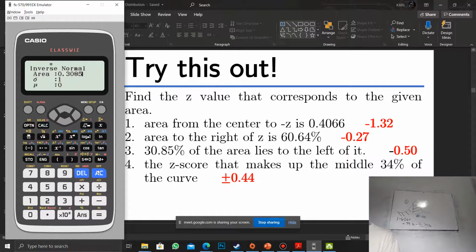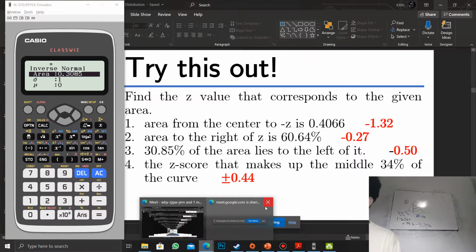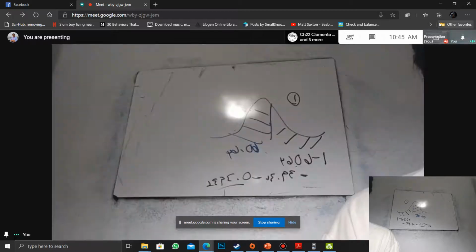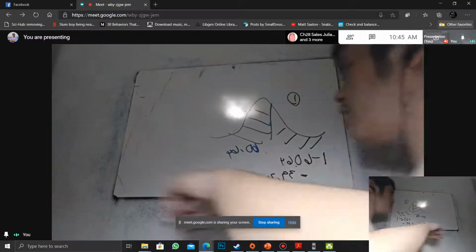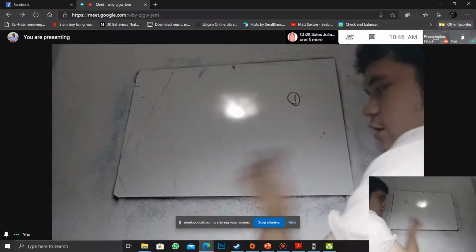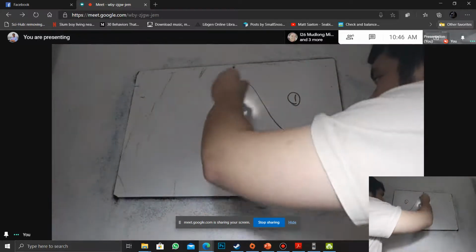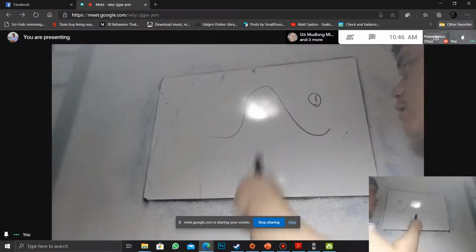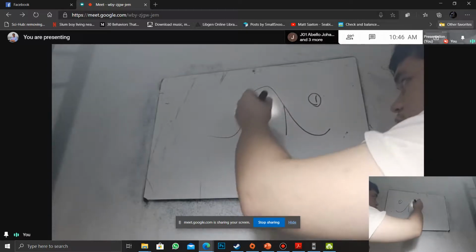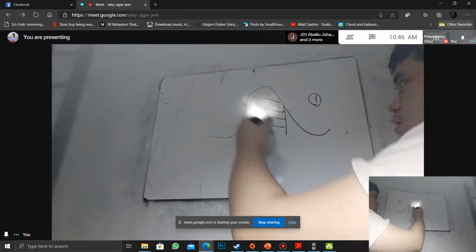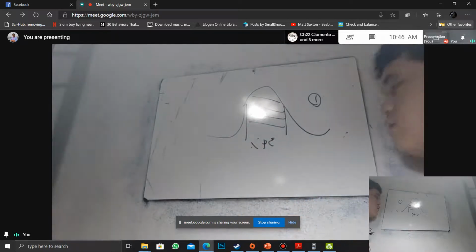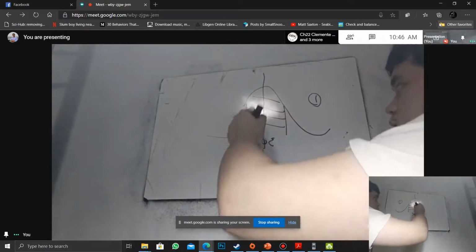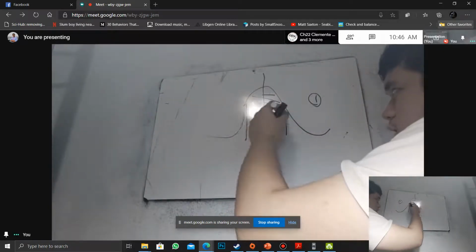O, number 3, 0.3085, negative 0.5. And lastly, middle 34. O, sabi ko kanina, let's look at the board. Middle 34%, ano yung mga z-score na yun? Ito raw, 34%. No? Kung di-divide natin into 2, 17%. 17% lang to.